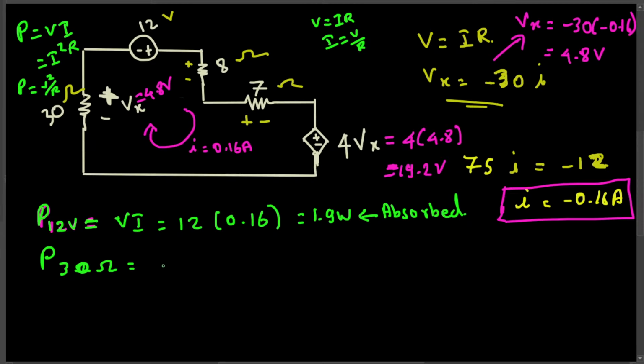We can apply that one. Voltage is what? 4.8 voltage. 4.8 times current, that is 0.16, and that's equivalent to 0.768 watts power absorbed.